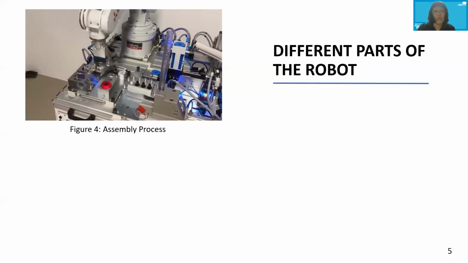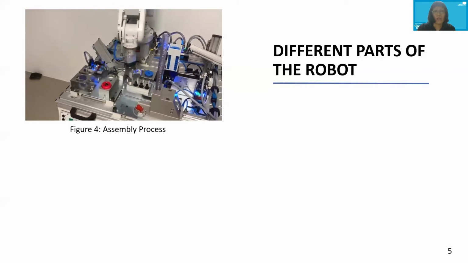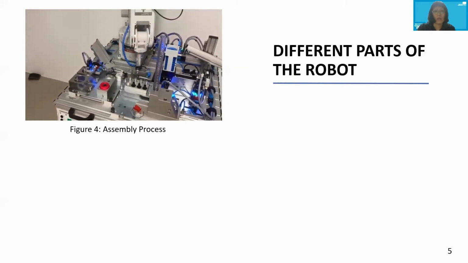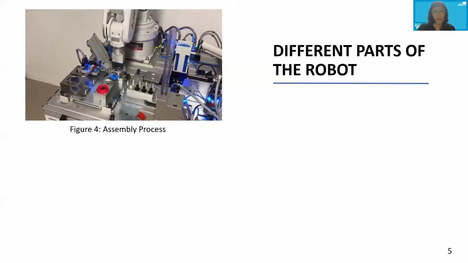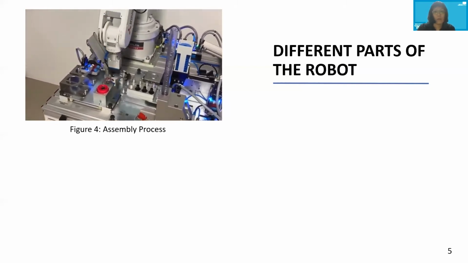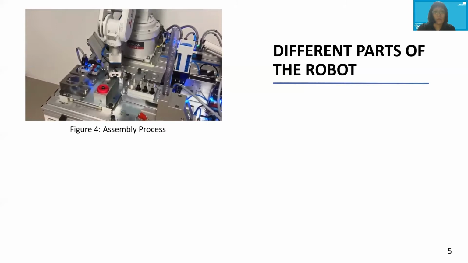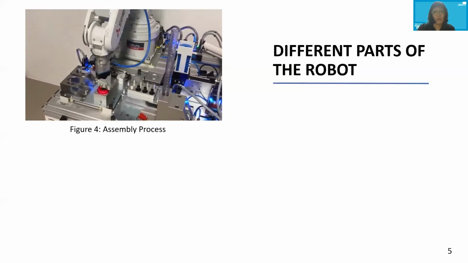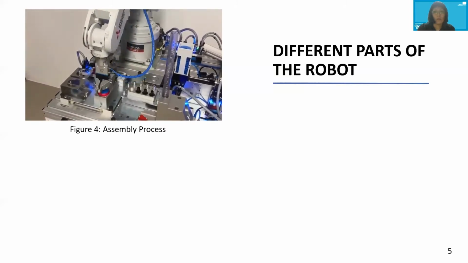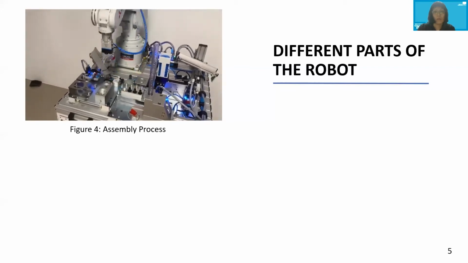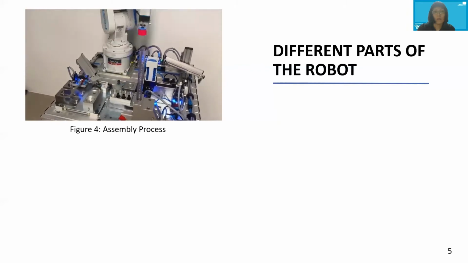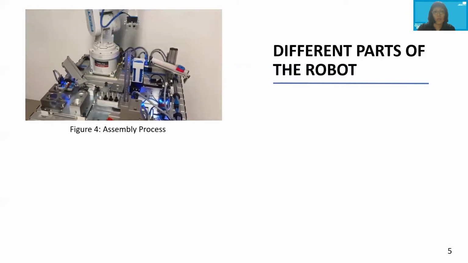It now puts a spring as well. And finally, we put a cap on top of the workpiece. So we now place the workpiece on the dispensing chute.